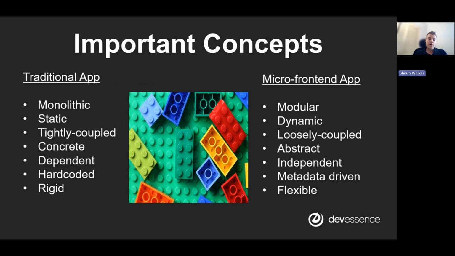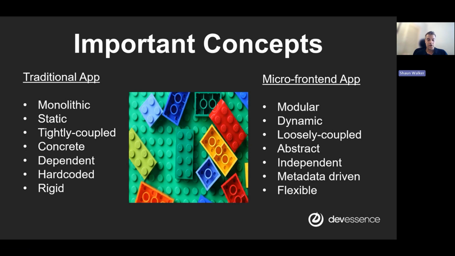If you are more used to building traditional applications, and this might even be using Blazor, it could be Blazor WebAssembly, could be Blazor Server, but in the traditional way, using the standard Microsoft template that they provide for you, then essentially what you're building are monolithic applications.